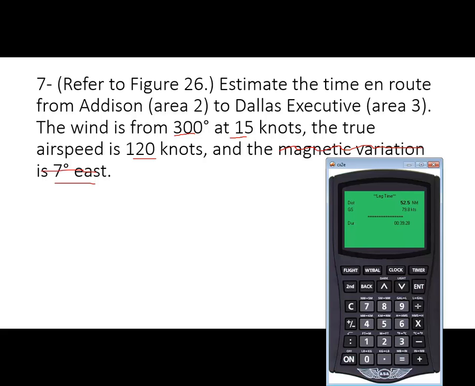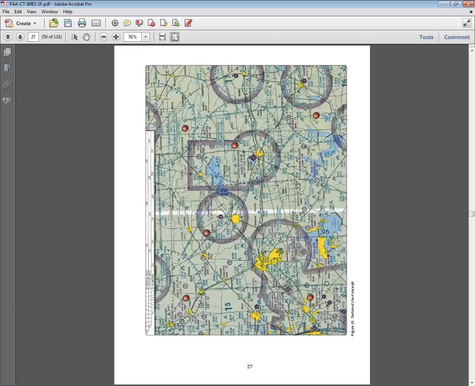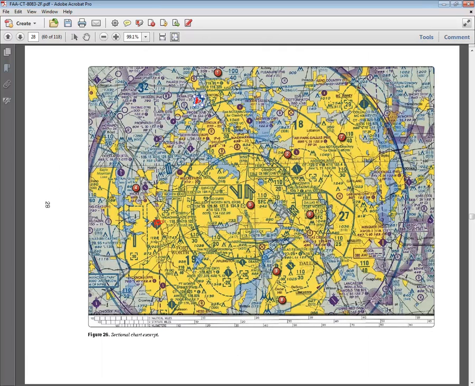when we pull up our CX2, to figure out what the time is, we've got to know our ground speed. So we go to heading and ground speed menu. Well, it wants to know true course. So we've got to pull out our map. And we'll be looking at this question. And we're going from Addison Airport to Dallas Executive.